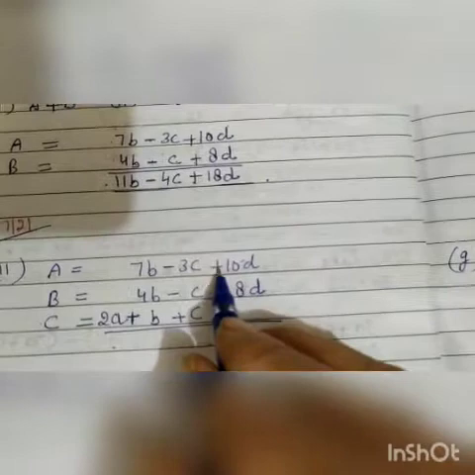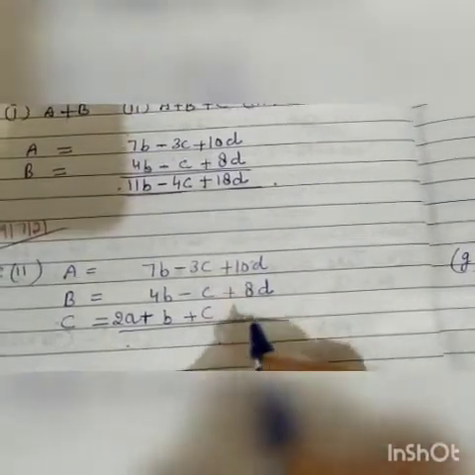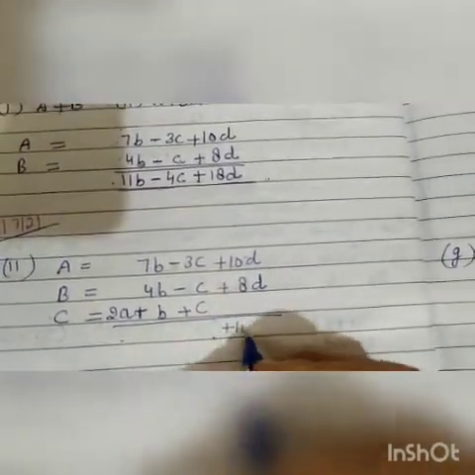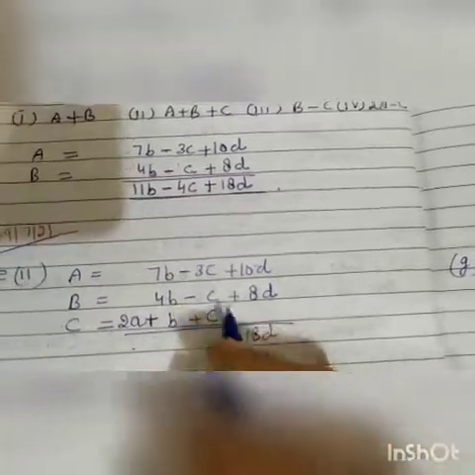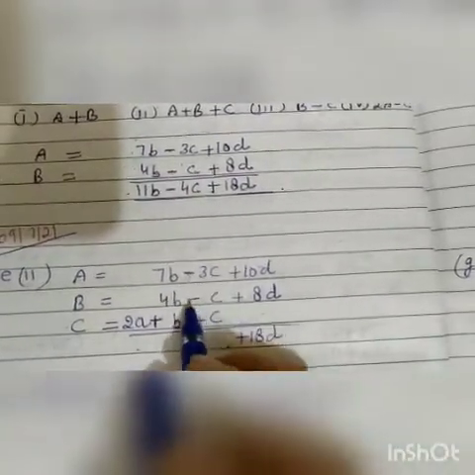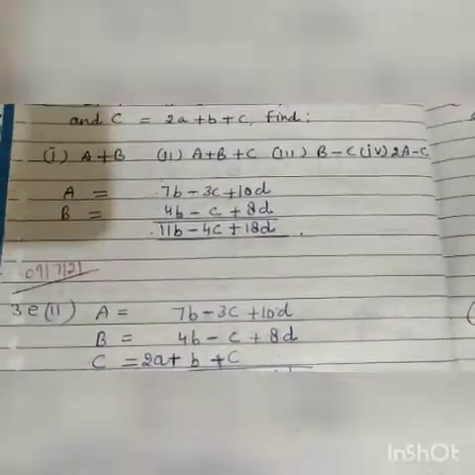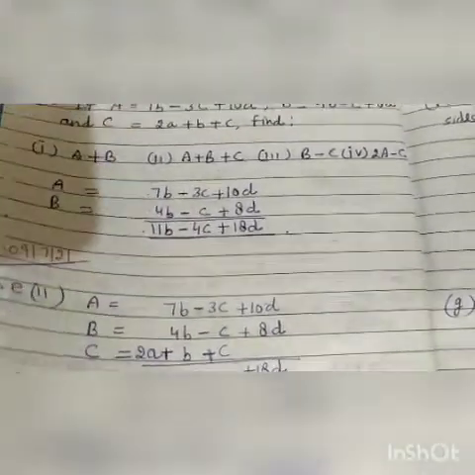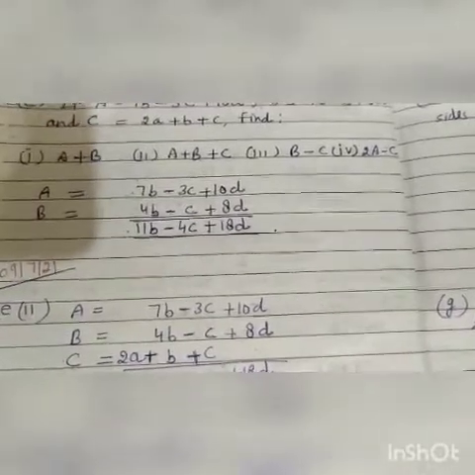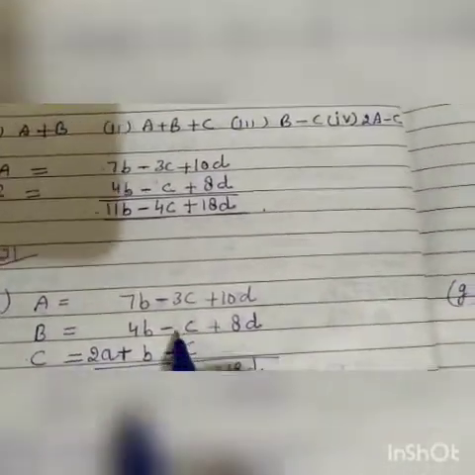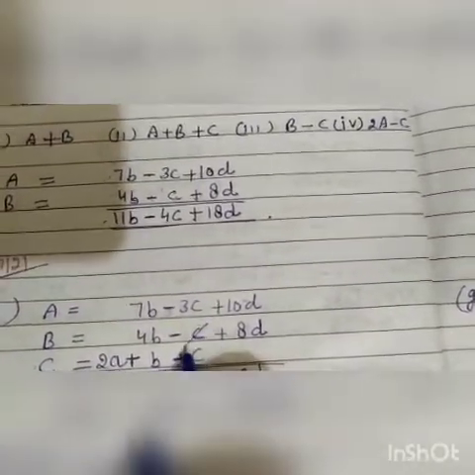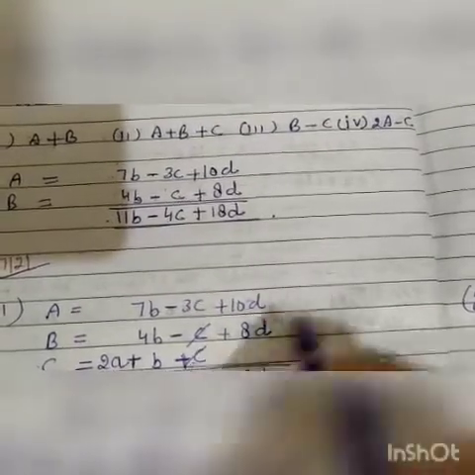Both the terms are with plus sign, so we will add these numbers. It will be plus 10 and 8, 18d. Now minus 3c, minus c, plus c. Students, you know, if two numbers are with different sign, we subtract them, so we can cancel this minus c and this plus c. Only these two will be cancelled.